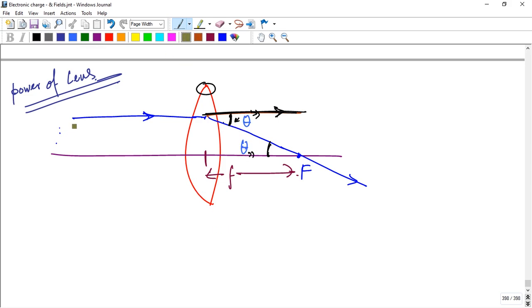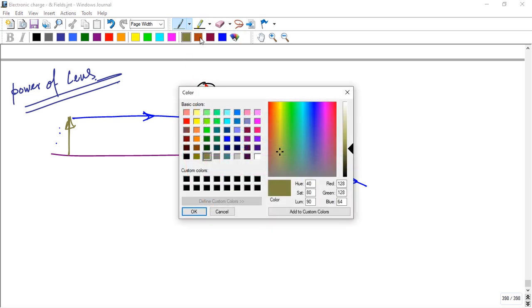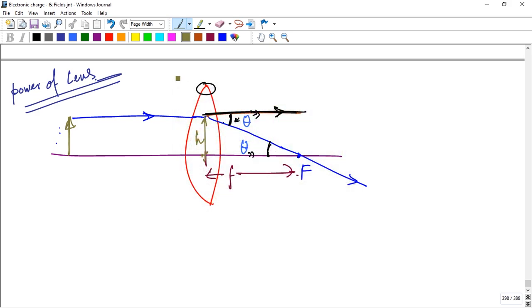The height of the object is called h. Now here you see the triangle ABC. Look carefully: tan theta equals perpendicular by base.